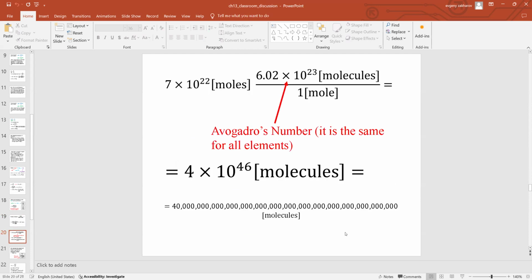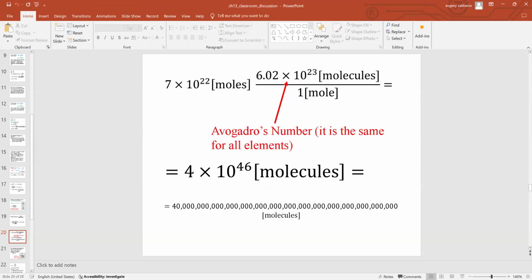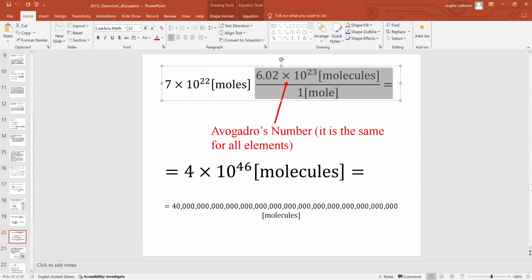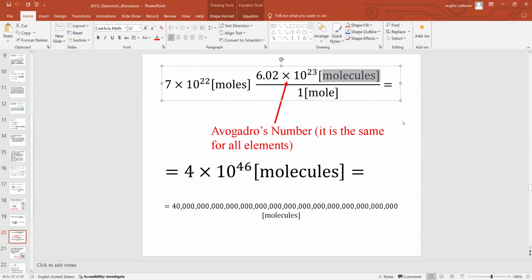And for number of molecules, we need the Avogadro's number because it is literally the number of molecules in 1 mole. So if you have this many moles, and you know the conversion factor between the number of molecules to 1 mole, you put mole at the bottom, so moles cancel, and you're left with number of molecules.